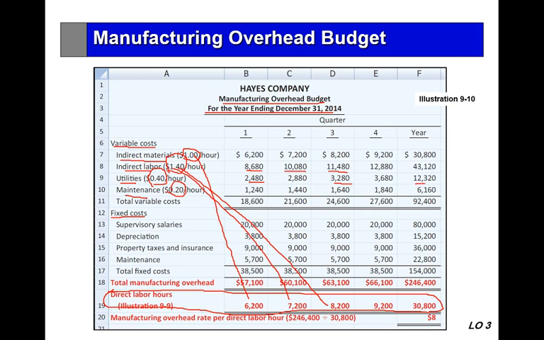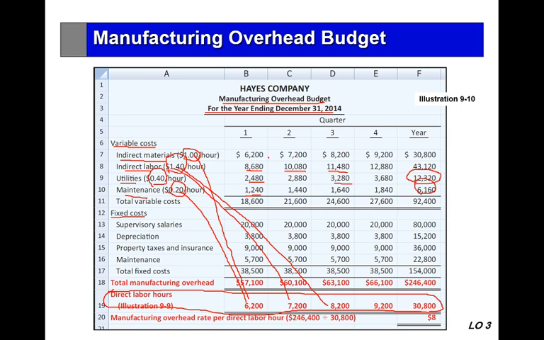The summation of these four quarters is $12,320. For maintenance, in the same manner, 20 cents multiplied by 6,200 hours, we have $1,240. For the second quarter, 20 cents multiplied by 7,200 hours, we have $1,440, and so on. The total for the year is $6,160.